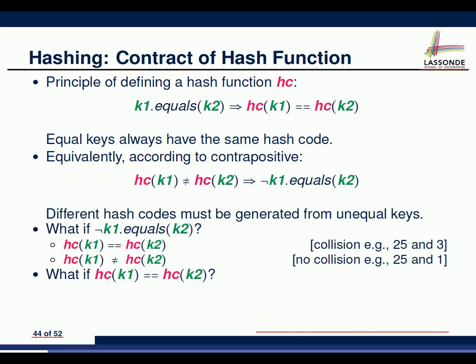If the hash code is the same, that means they're in the same bucket. Being in the same bucket, they don't have to be the same. For example, 25 and 3 have the same hash code, but they are not the same key.